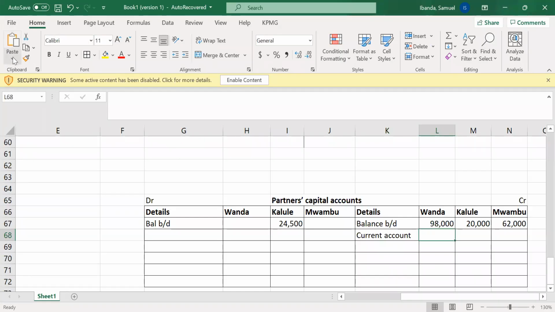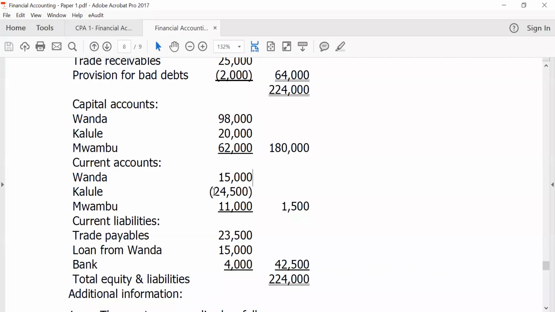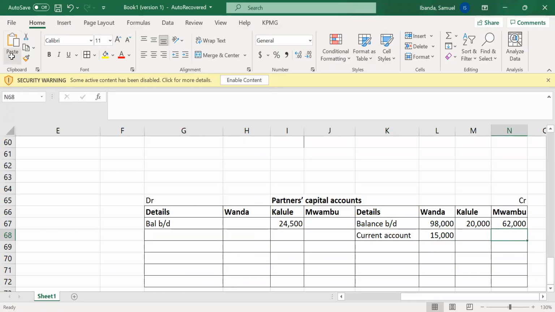So whenever you have it on the credit side, it will also be on the credit side in the capital account. So 15,000 right there. You also come here. Now I'll first pick for Mambo and then come and pick for the other. So Mambo is recorded there.